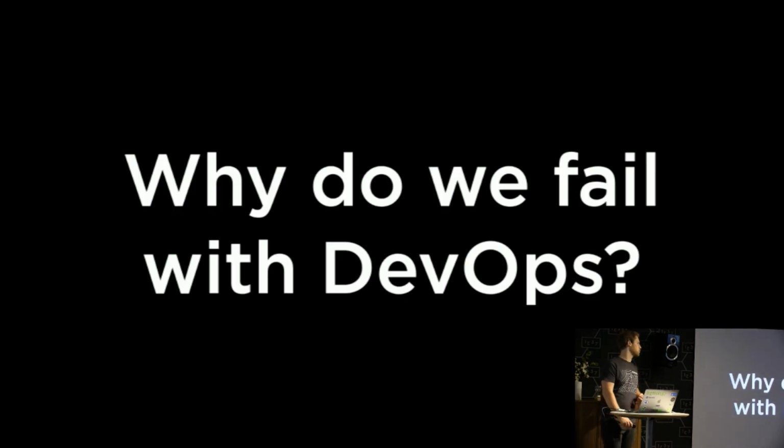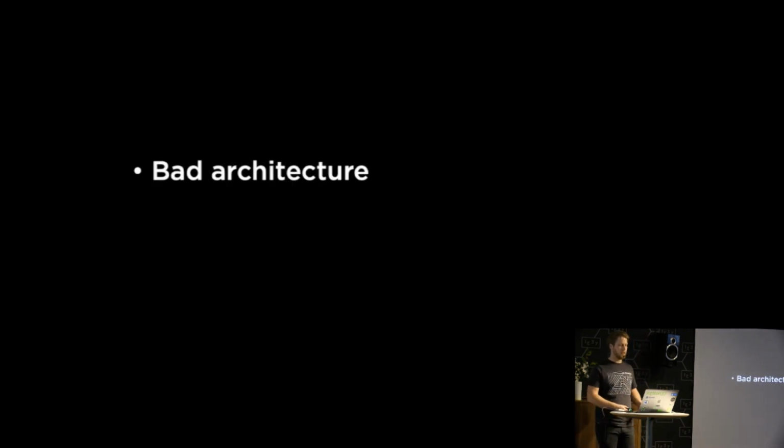So why do we fail with DevOps? There are a couple of reasons for that. This will be more of a summarization of what I've talked about. So bad architecture is really important. I've often been in projects where architecture is something one person will get a few hours in the beginning of a project for.